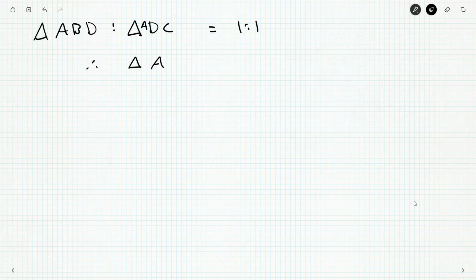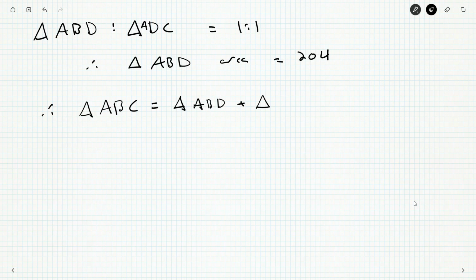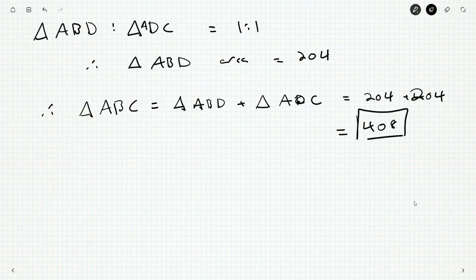So that tells me triangle ABD has area equal to 204. And ABC, which is just going to be the sum of those two areas, that'll be 408. And that'll be my final answer. The total area here is 408.